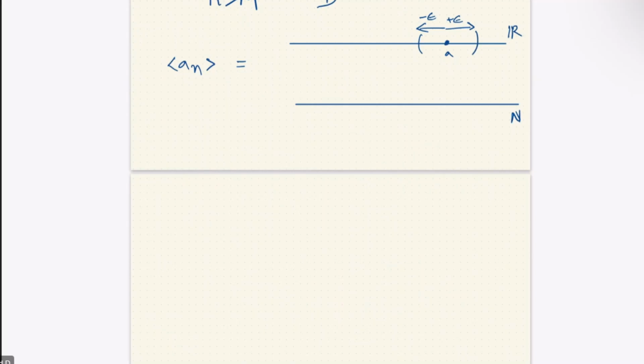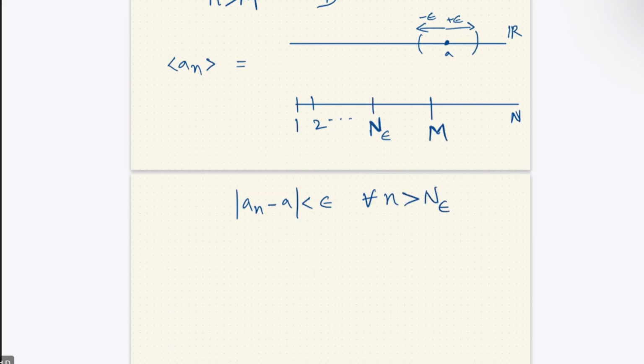Now you can see the natural numbers 1, 2, and so on. Take a stage N, and let's take another stage, small m. For a given epsilon, this is the stage N epsilon where it begins. What do you write? Modulus of an minus a less than epsilon for all n greater than N epsilon.